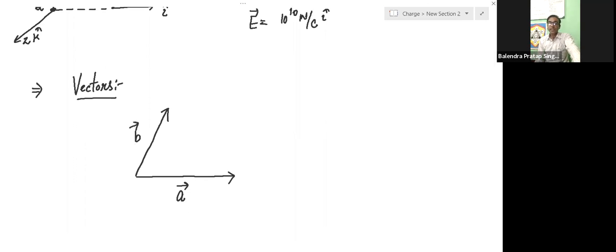There is a rule which we call the parallelogram rule for addition of two vectors. So what is that rule? The resultant of these two vectors will go somewhere here.